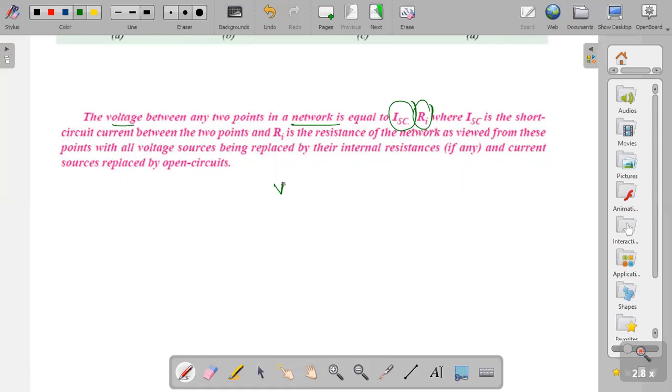V equals IR. Therefore, instead of I, we can write Isc, the short circuit current.